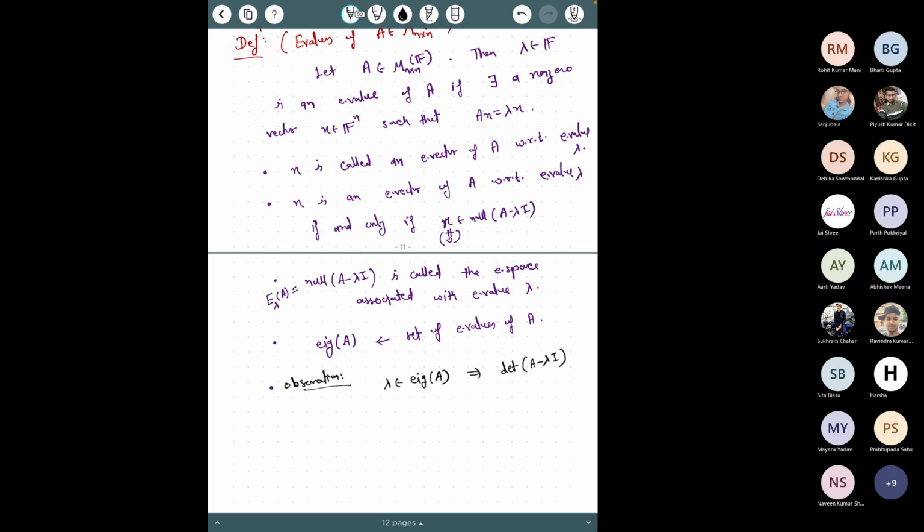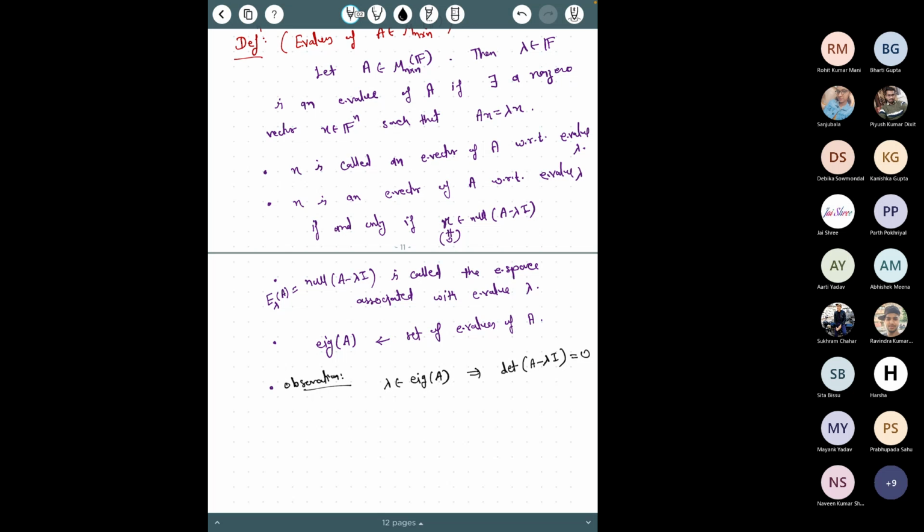It is zero. Why is this zero? Because the null space has dimension more than one, that is, Ax equals lambda x and x is non-zero. We take A minus lambda I times x equal to 0, where x is non-zero, which means the system has a non-trivial solution. So x is a non-trivial solution of the system A minus lambda I x equal to 0, and therefore the determinant is 0.